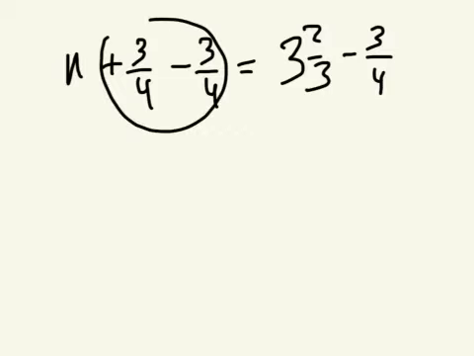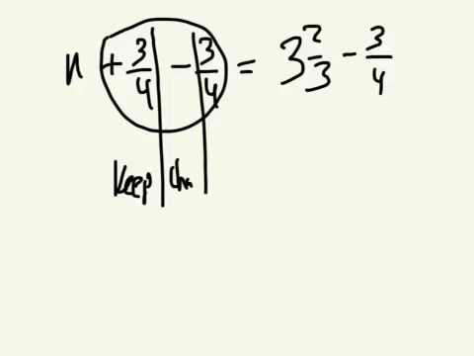This becomes 0 because we're subtracting numbers. So we're going to keep, change, and that's going to give us 3/4, and then this is going to be plus.